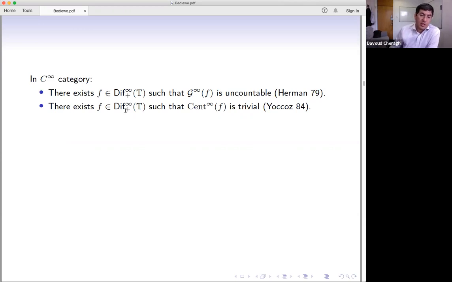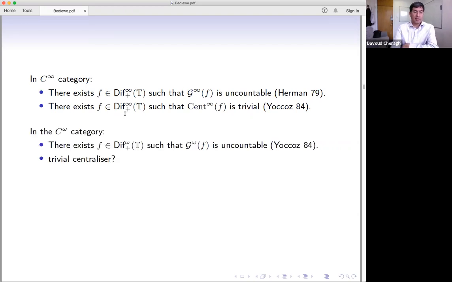And again, for C infinity circle maps, there's an example with a trivial centralizer, and that is from the work of Yoccoz. So in the smooth case, we know much more than in the analytic case, because there's of course more flexibility when you want to build examples for C infinity maps.